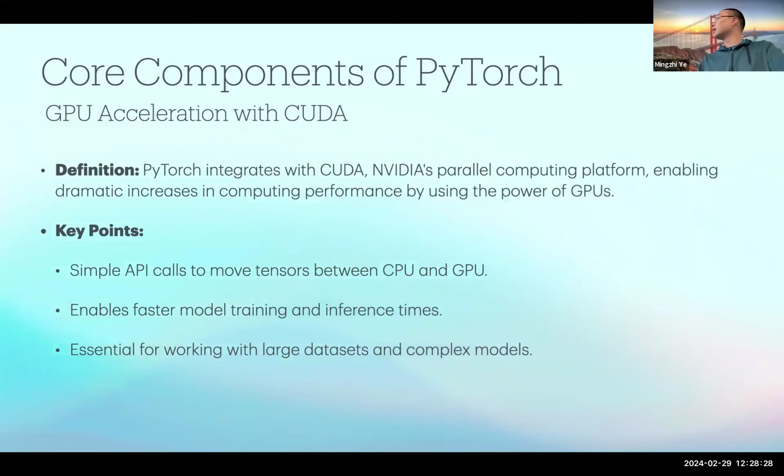It also enables faster model training and inference times. It is also essential for working with large datasets and complex models because it requires a lot of computation. And the GPU can significantly increase the speed.